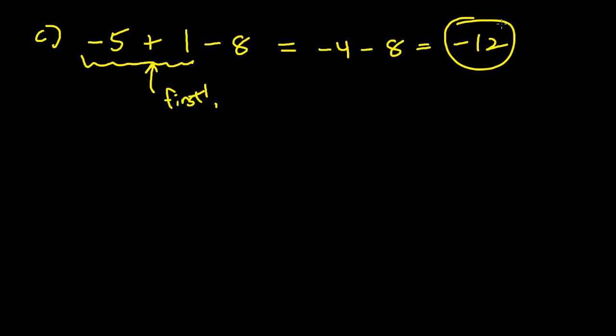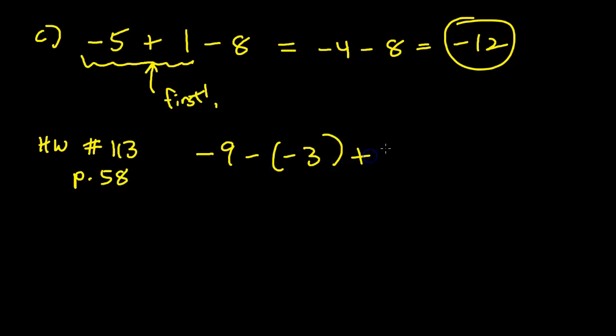All right, two more I want to do here. The two homework problems. This is number 113 on page 58. It's one of the last ones in your homework list. I suppose if you can do something like this, you can do all of these. The homework assignment, minus 9 minus minus 3 plus 4. Of course, this is the operation that gets done first.